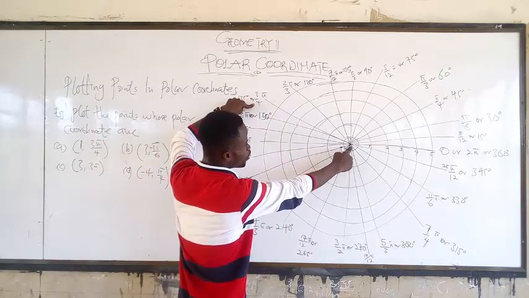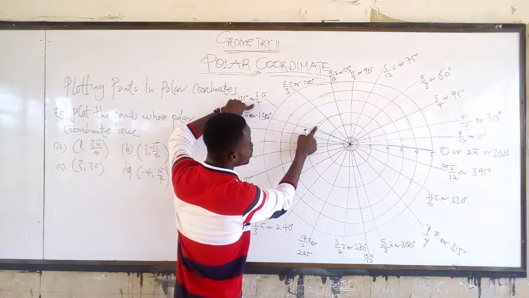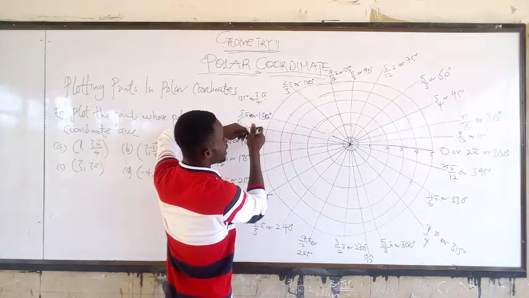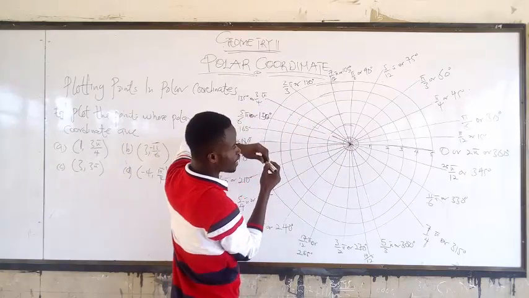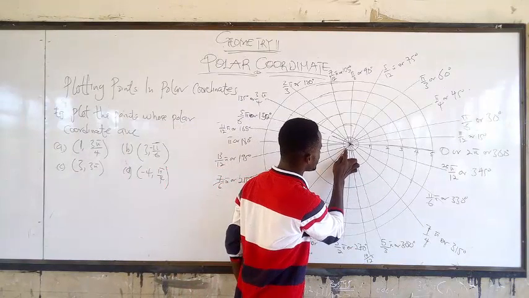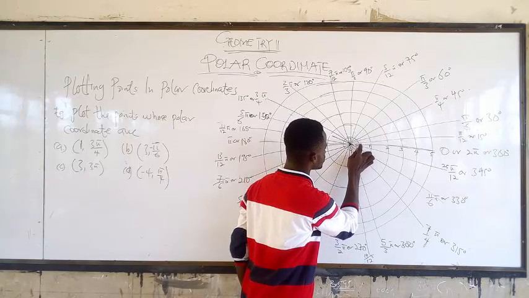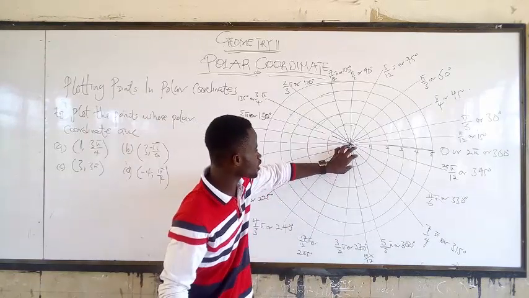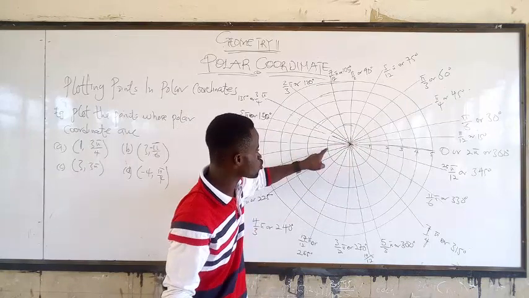Where will 1 be? Let me draw this one more. Let's ignore that small part inside here and choose this to be our 1.